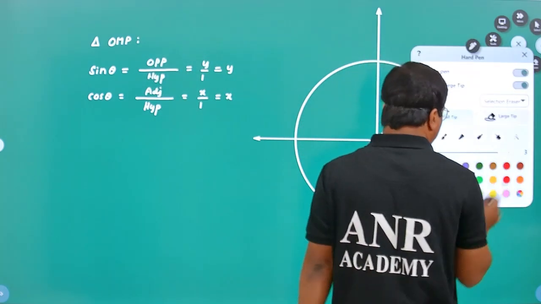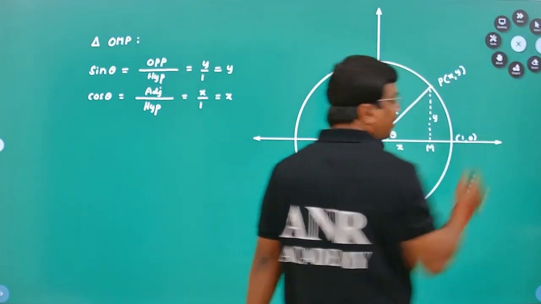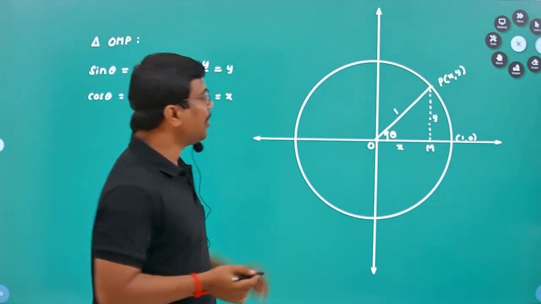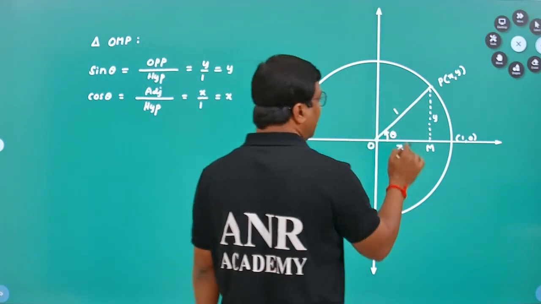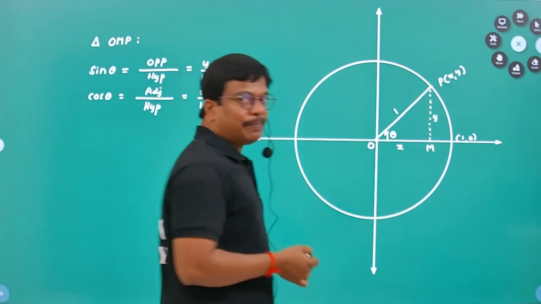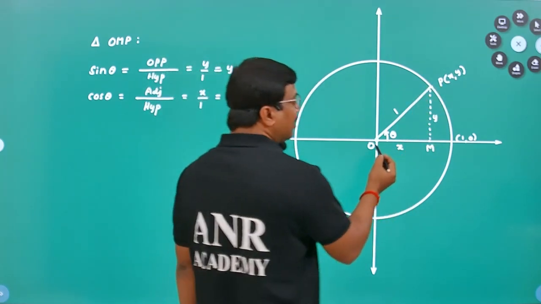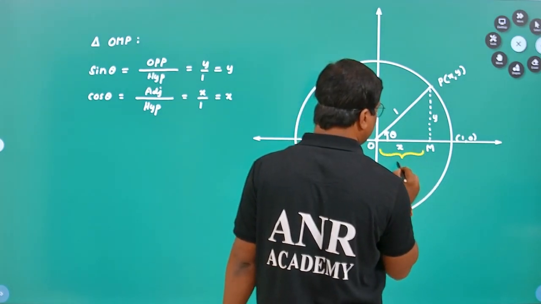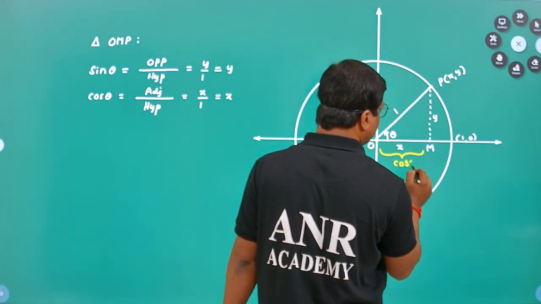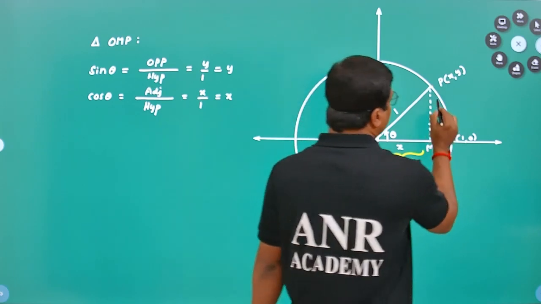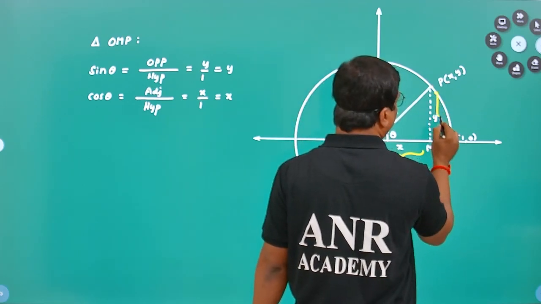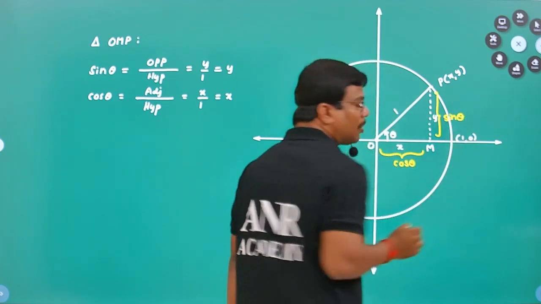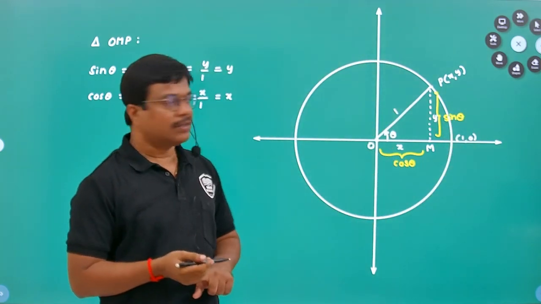So now I am going to mention the first two trigonometric ratios, sin theta and cos theta, on the unit circle. If it is a unit circle and you drop a perpendicular from P to the x-axis, then the distance OM is known as cos theta, and this is clearly sin theta. Two trigonometric ratios over.